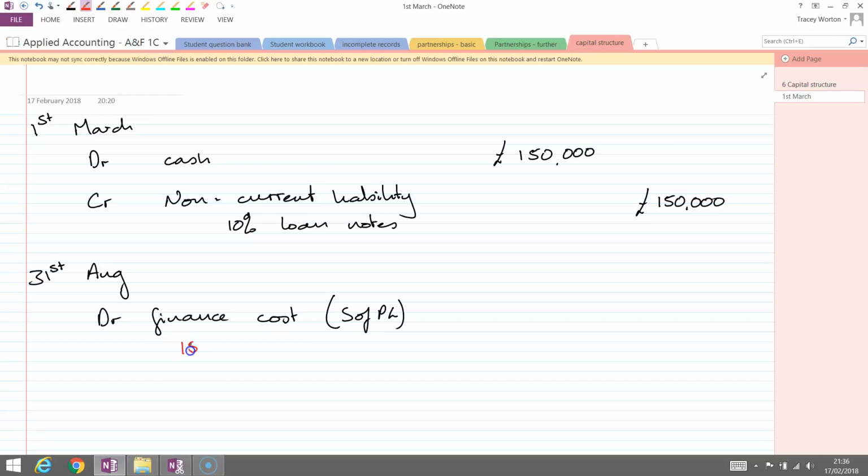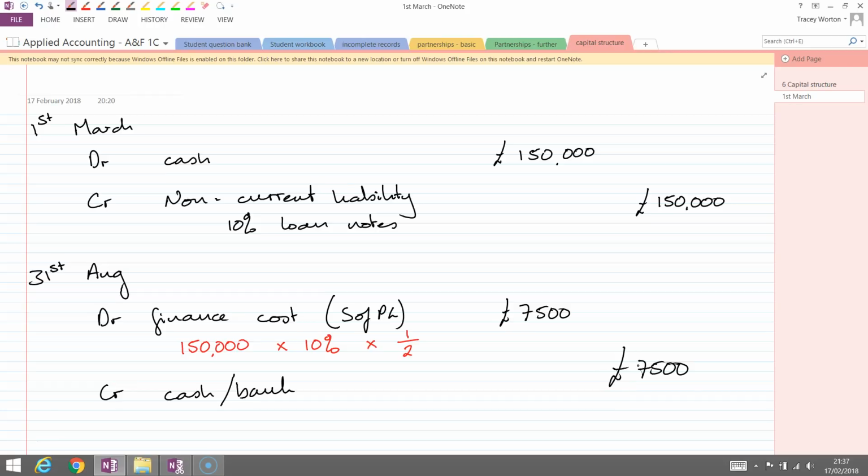So we've got £150,000 worth of loan notes, and the interest is going to be at 10%, and it's just going to be for half of the interest charge for the year. So we're actually going to charge £7,500 worth of interest, and it's going to be coming out of the bank account, so we're going to credit cash or bank with the £7,500.